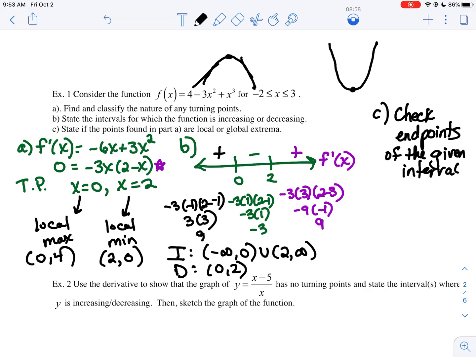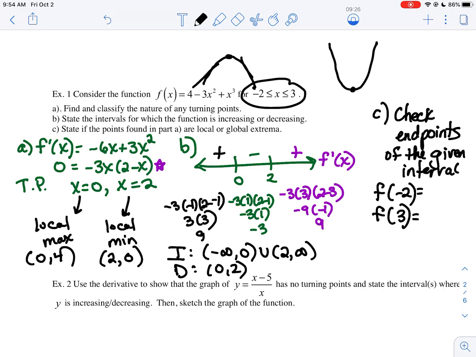So what I mean by that is I had negative 2 to 3. So let's go check f of negative 2 and f of 3, and you're going to compare it with the local max and the local min. So if the endpoints are higher, then it's the absolute. And if the endpoint is lower than the local min, then it's the absolute.